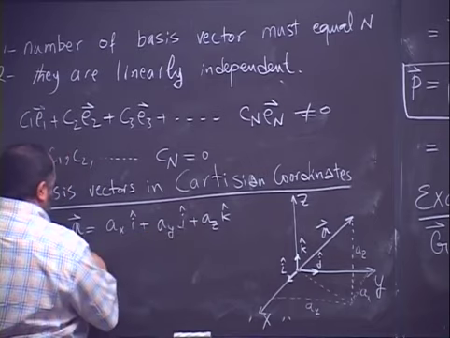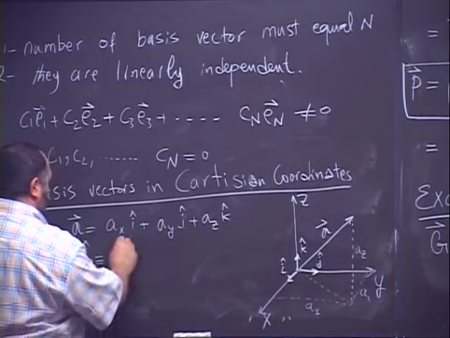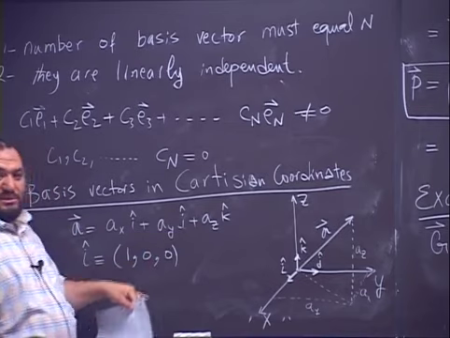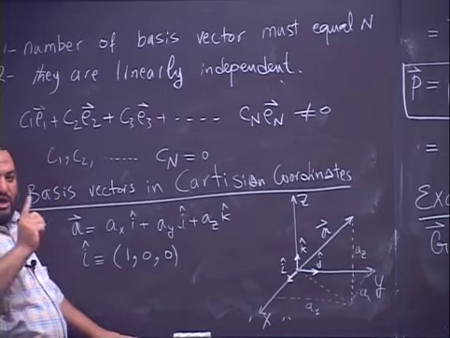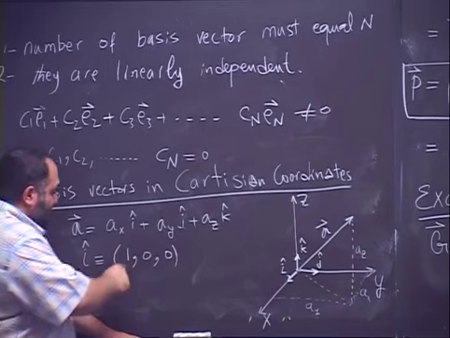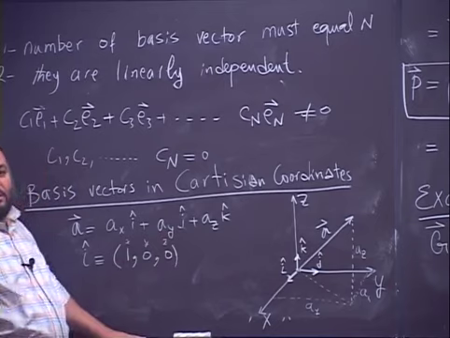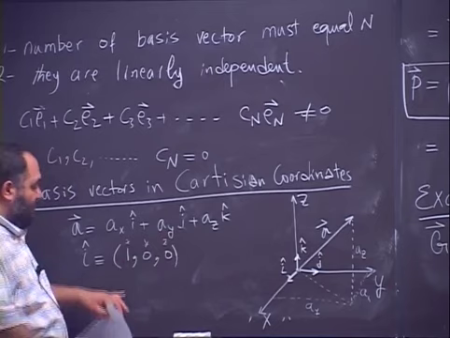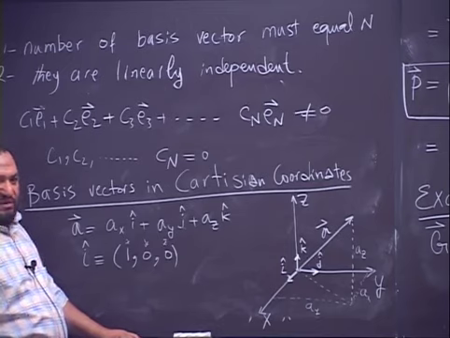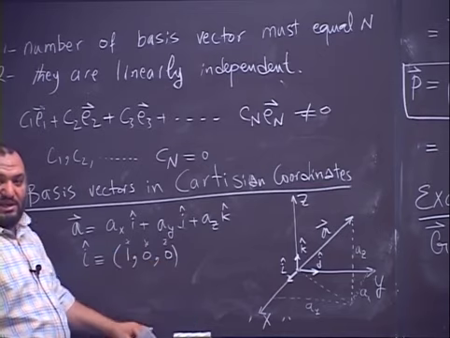The base vectors, usually we can represent them as I will be (1, 0, 0). What does it mean? It has a unity value in the x direction, because this is x, y, and z, the components of any vector. So we put them in parentheses like this. If you want to represent a vector, maybe you will say vector A equals (AX, AY, AZ).